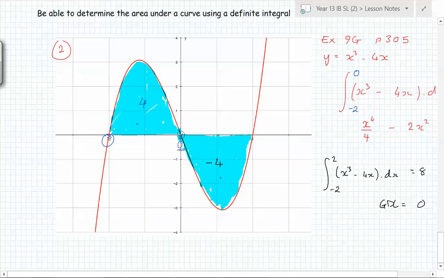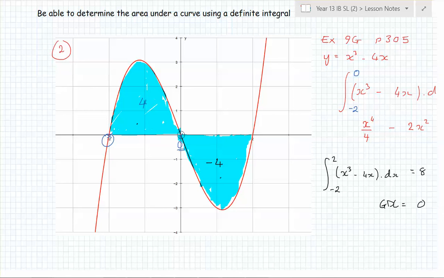Okay. Now that leads us into the next part, which is when we have multiple areas, you're going to have to break them up. So over the page, you can see example 9. Above it in the pink box is just the notation for saying you need to add them together.